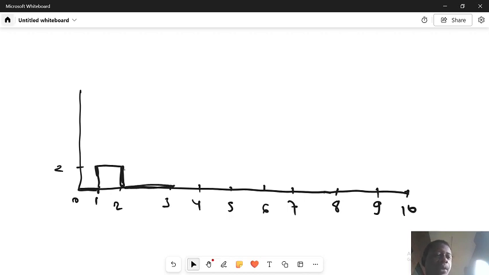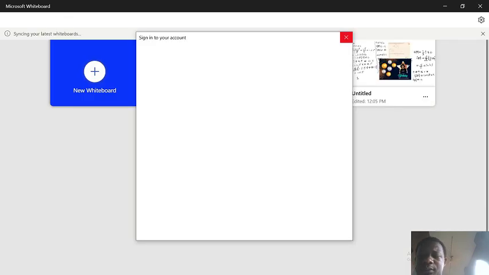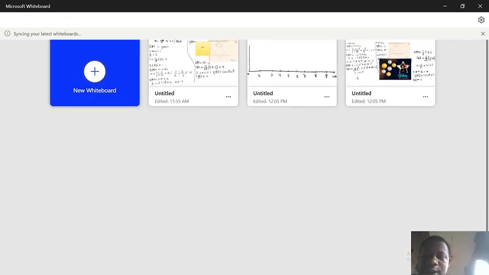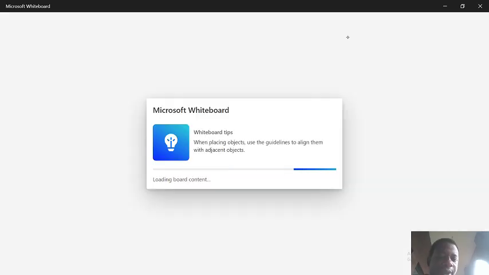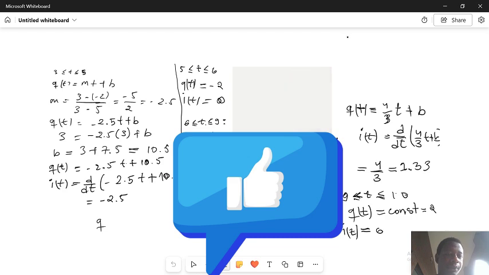Now from 3 to 4, I have to see what the value was. From 3 to 4 and 3 to 5, it was all the same. So from 3 to 5 it is minus 2.5, and from 5 to 6 it was 0.